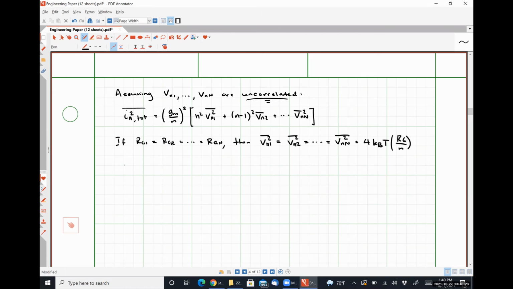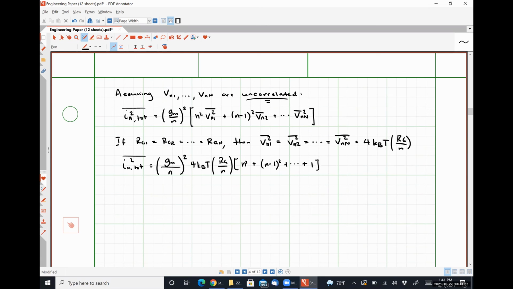So from here, I can say In squared is Gm over n, quantity squared, times 4 kBT times Rg over n multiplied by n squared plus n minus 1 squared, and then n minus 2, n minus 3 squared, etc., until I get to 1.